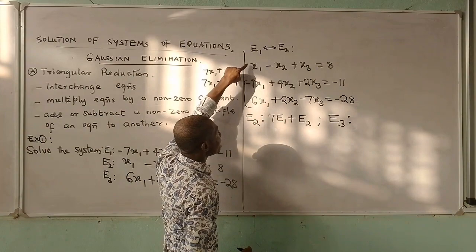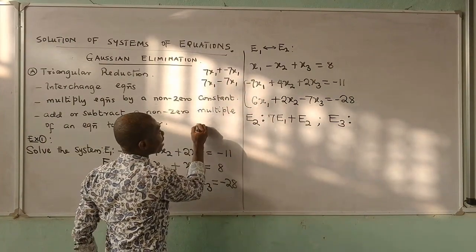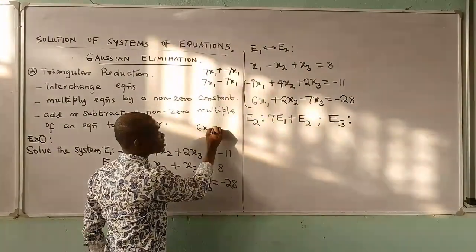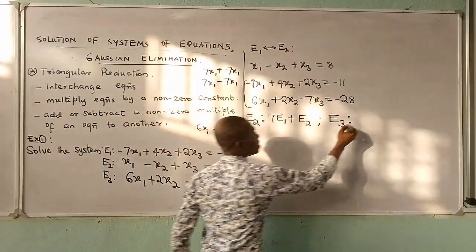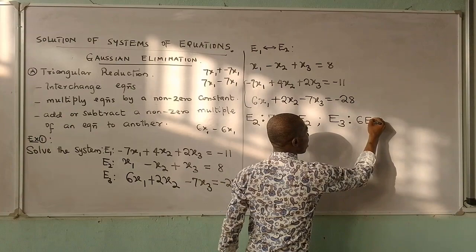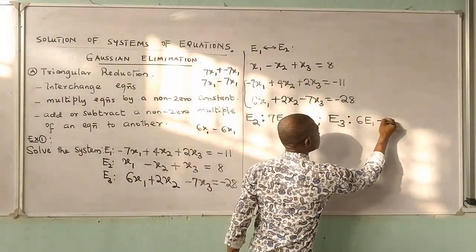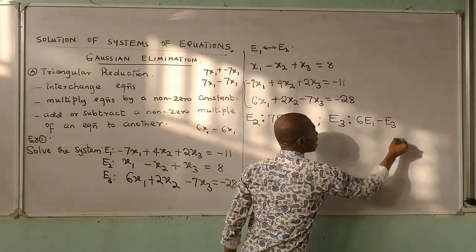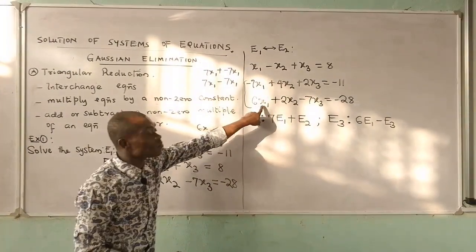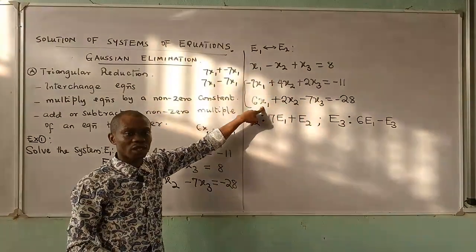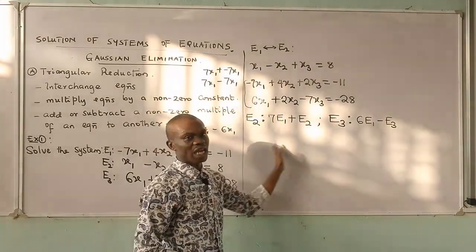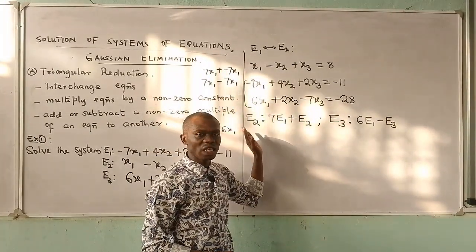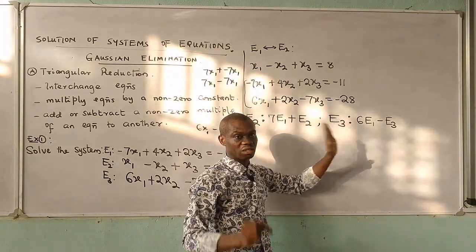If I take 6 and multiply this, I'm going to have 6x1, and of course, 6x1 minus 6x1 is 0. So just multiply E1 by 6 and subtract E3 from it. That will eliminate x1 in the new E3 that you have. So if you watch now, of all the algorithms I've written, it's only E2 and E3 that changed.